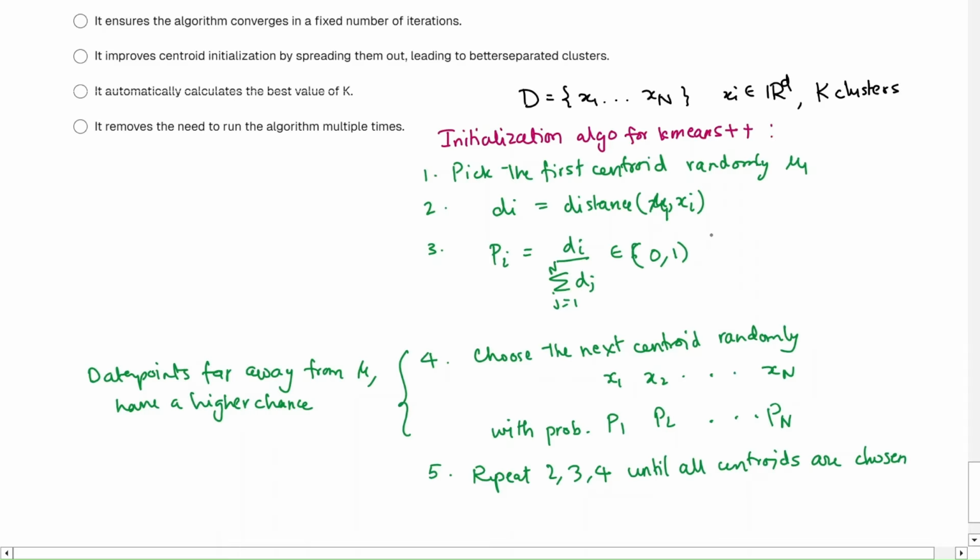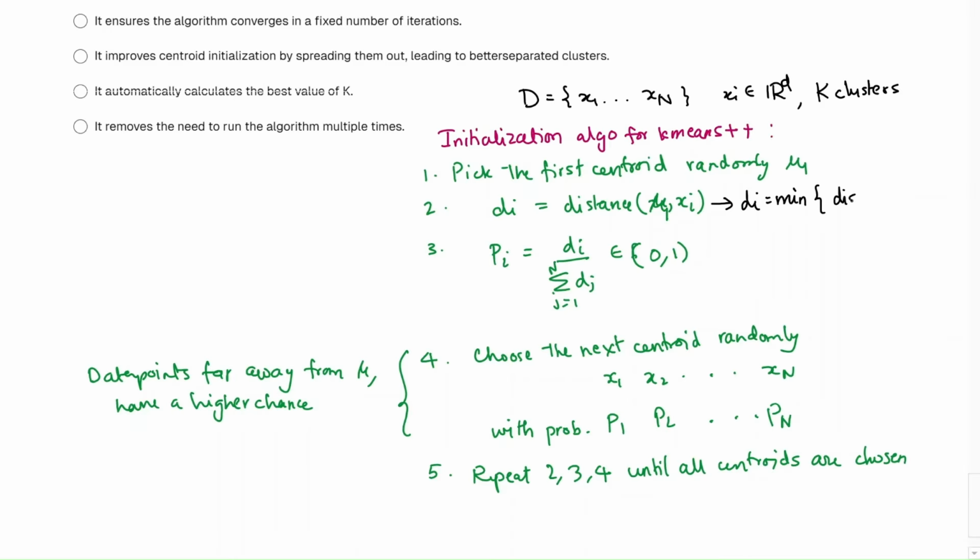One more thing to notice is that if there are several mu's chosen, let's say you have chosen mu1, mu2 and mu3, then for mu4 you compute di to be the minimum distance between mu j and xi, where the minimum is running over j.